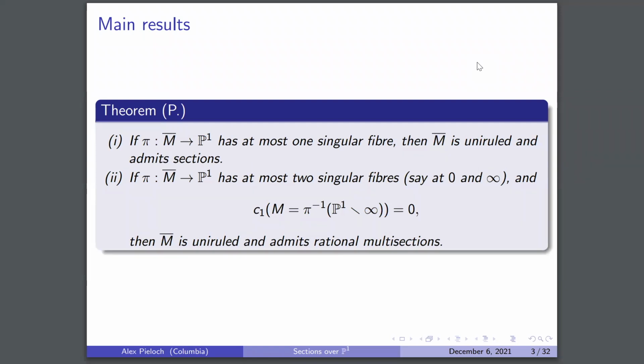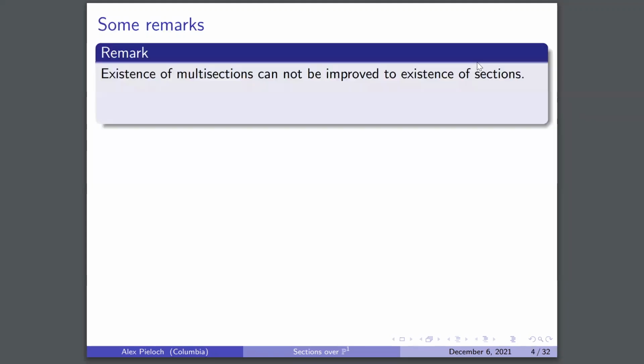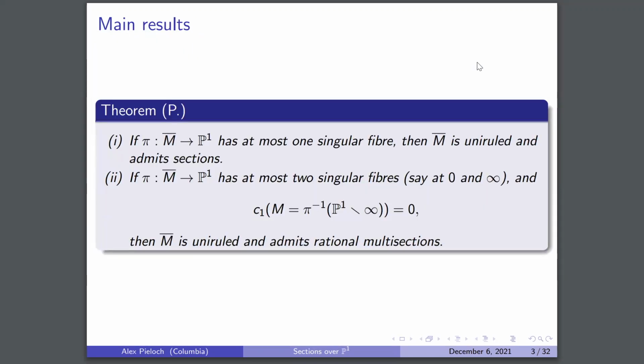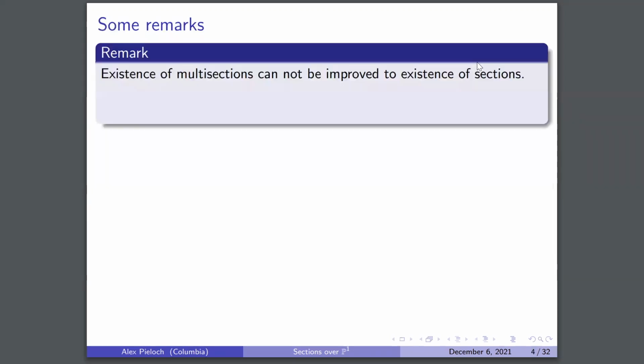Before I talk about any motivation for this, let me make a couple of remarks about the theorem itself. The first thing you should notice is that statement 1 is about sections and statement 2 is about multi-sections. In general, this is sharp. The existence of multi-sections cannot in general be improved to existence of sections as soon as you have two singular fibers.